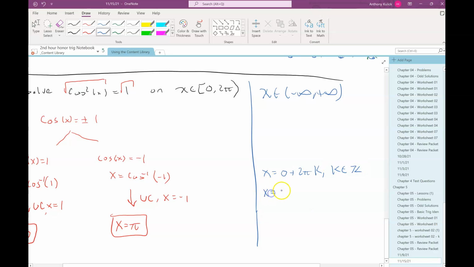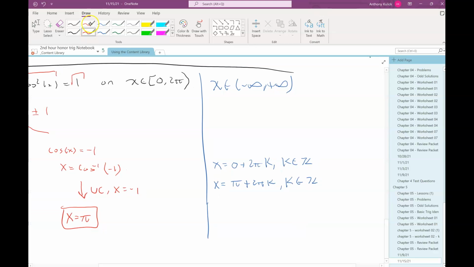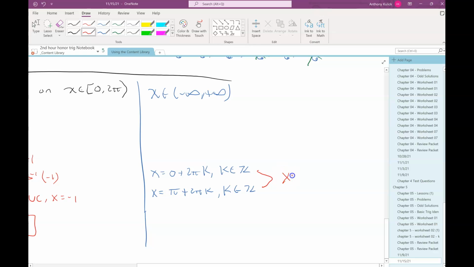And then x is equal to pi plus 2 pi k. And there you notice that the distance between the coterminals everywhere is pi, right?